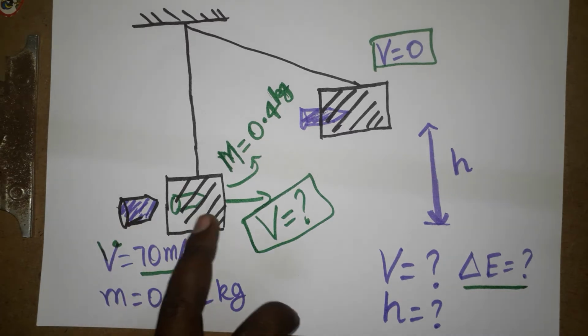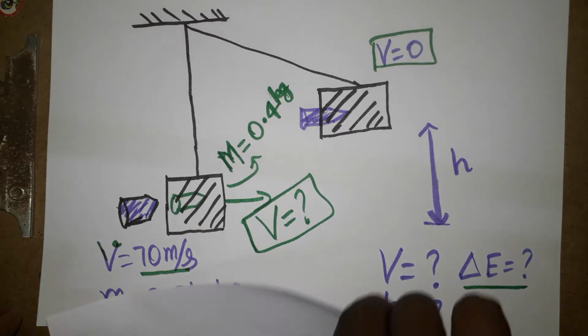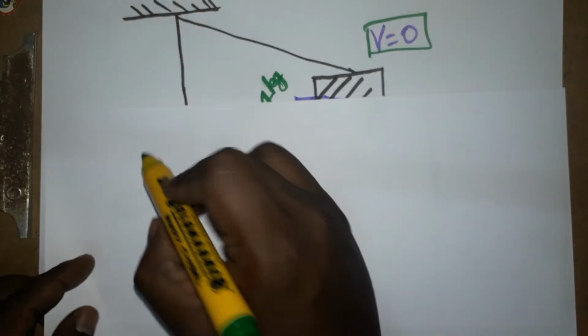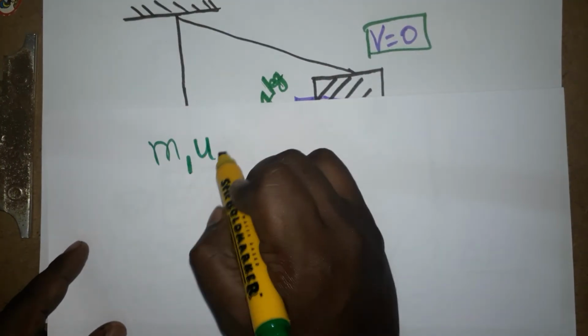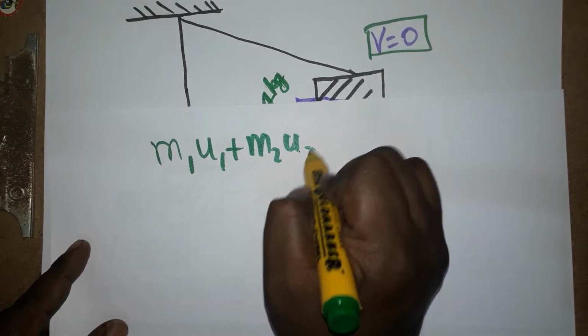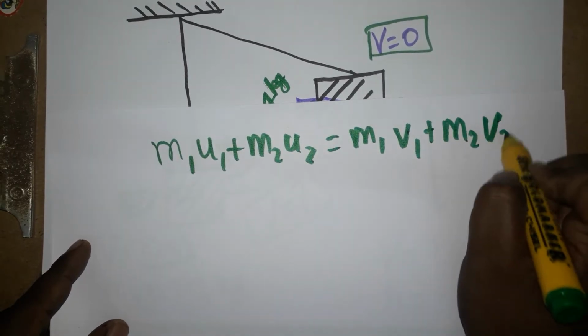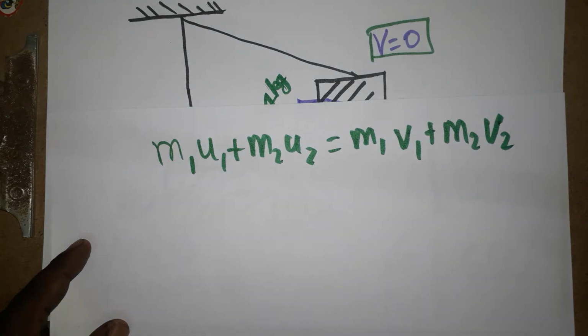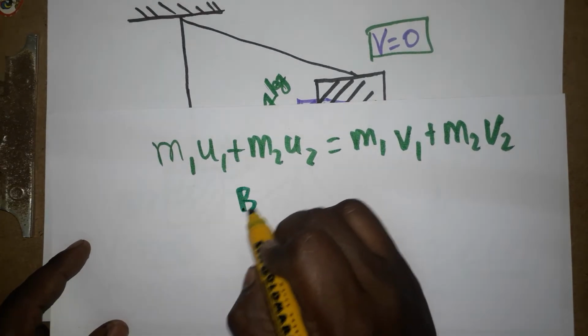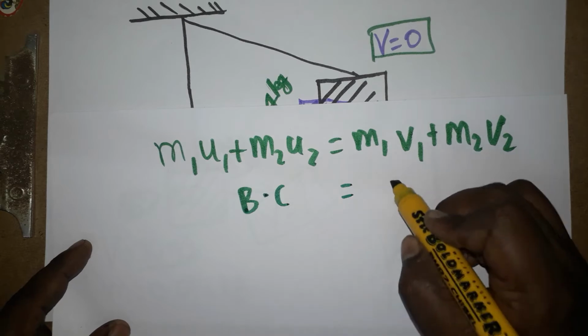When the bullet collides with the block, momentum is conserved. m1 u1 plus m2 u2 is equal to m1 v1 plus m2 v2, before collision equals after collision.